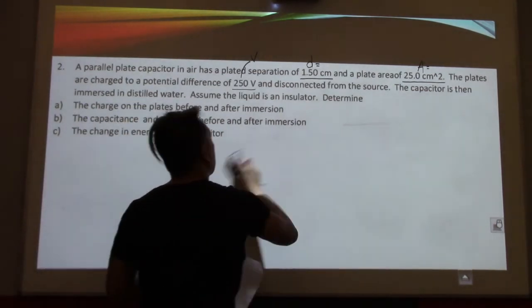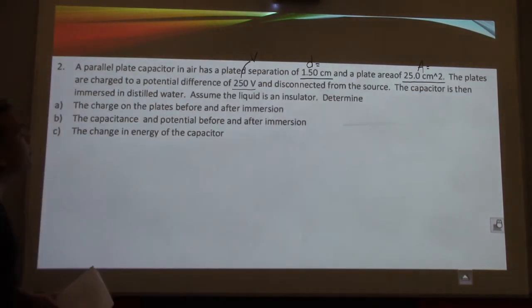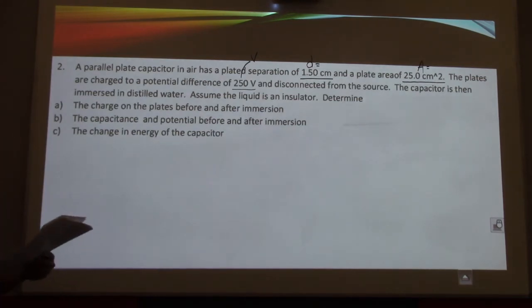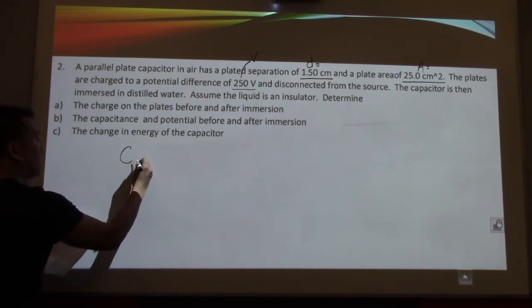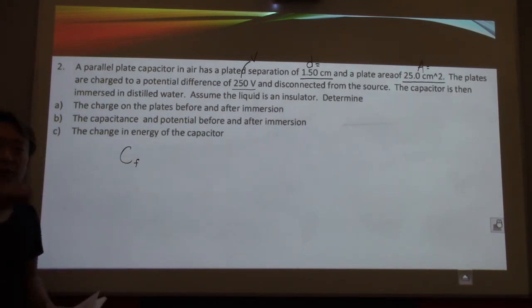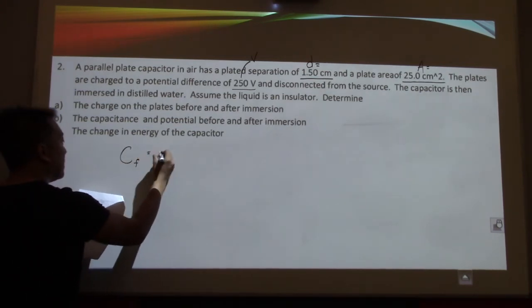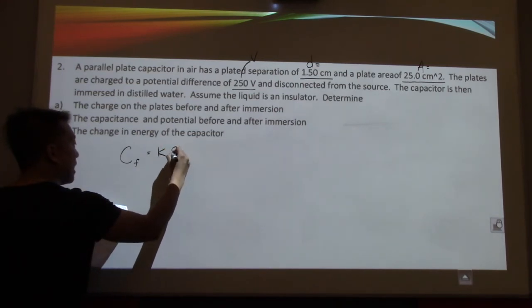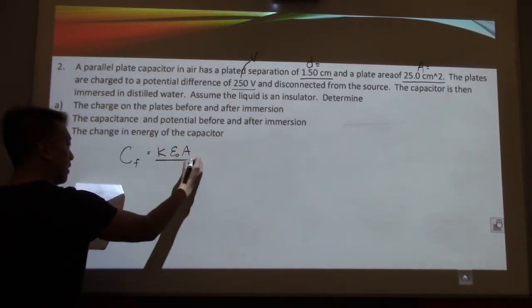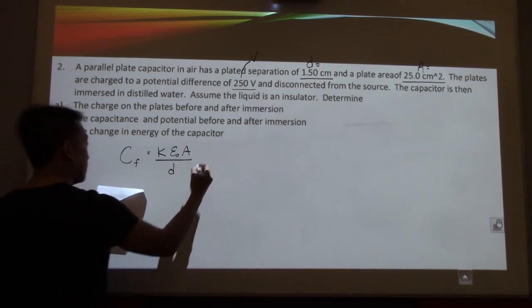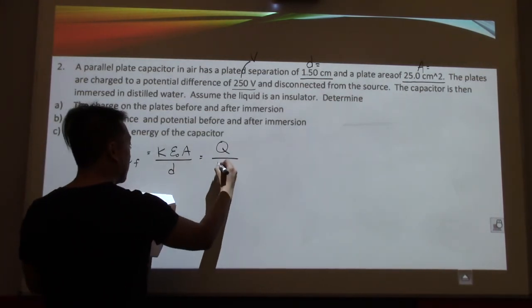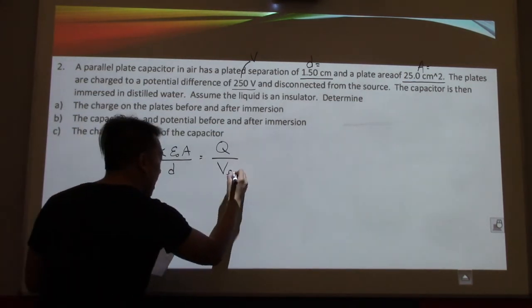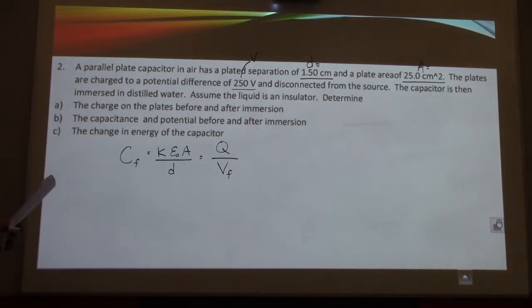So this is going to be true before and after immersing it in the distilled water. All right. Part B, the capacitance and potential. Let's use the subscript F for final after we've immersed it. That's going to be K epsilon naught A over D equals Q over V_F, with voltage afterwards.